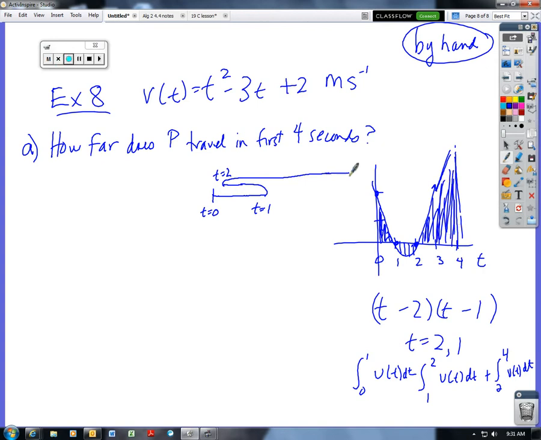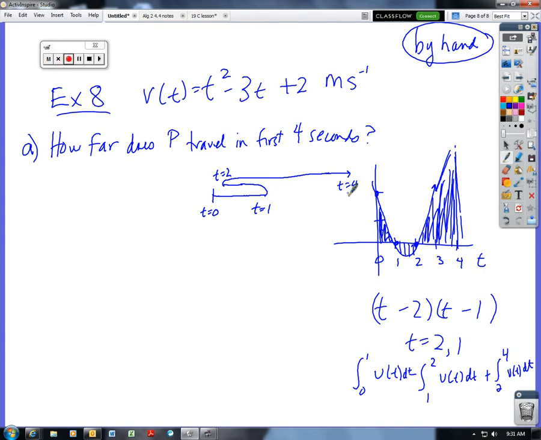It's going to end here at t equals 4. Then we're going to find the positions at each of these points in time. If we know the positions, we can get the distance between 0 and 1, 1 and 2, and 2 and 4. That's the technique we're going to use.